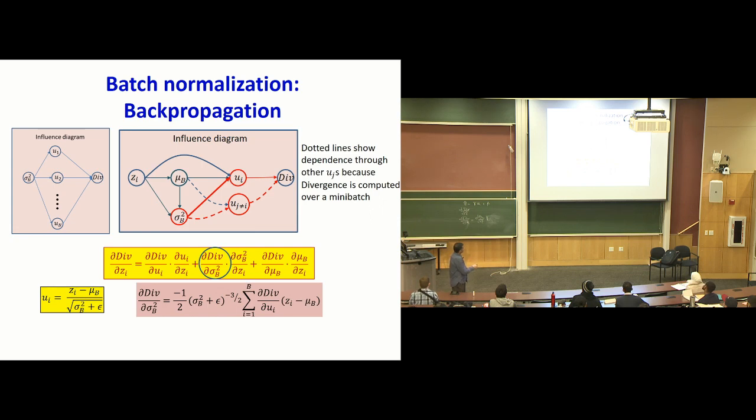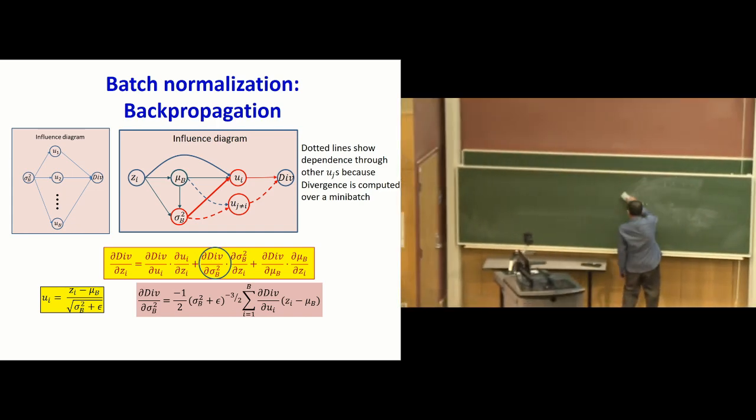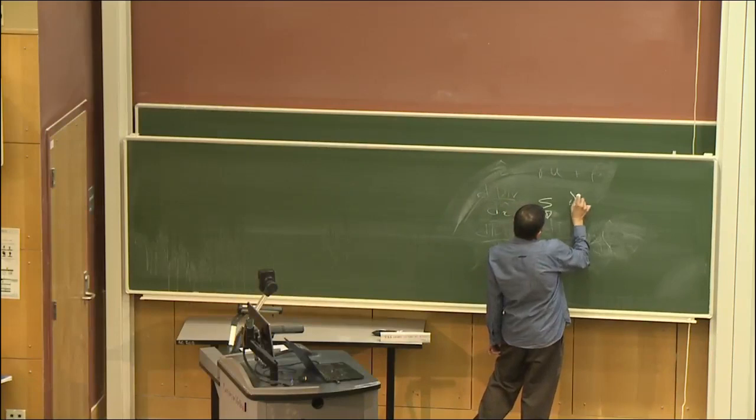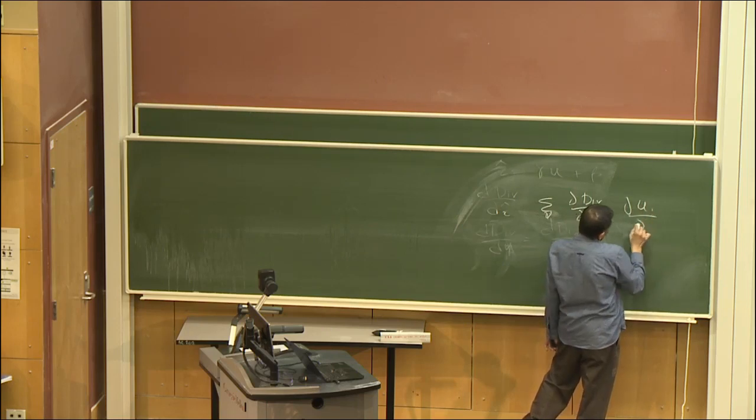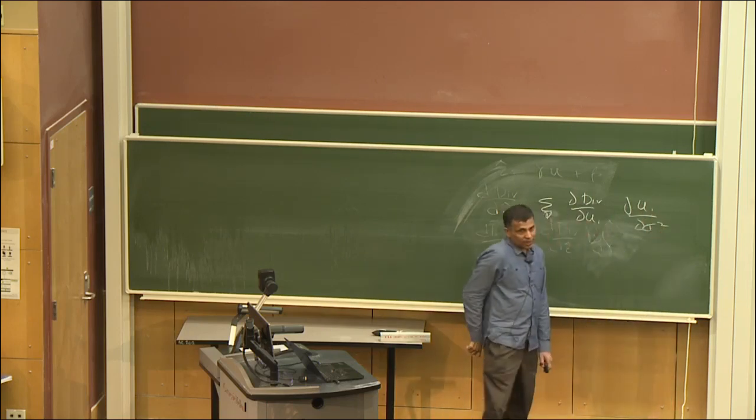So for the derivative of the divergence with respect to the variance, you'd have to sum over all of the instances in the batch. You're going to be summing over i the derivative of the divergence with respect to u_i times the derivative of u_i with respect to sigma squared, correct?